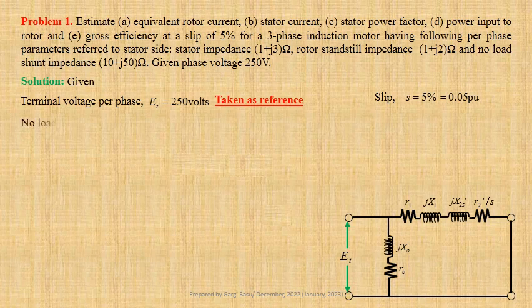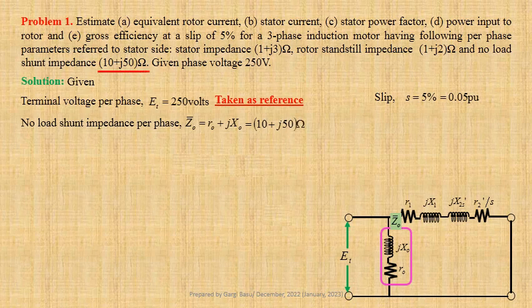Given no load shunt impedance per phase Z0 equals R0 plus jX0 equals 10 plus j times 50 ohm. This may be written in polar form as 50.99 ohm at an angle 78.69 degree.